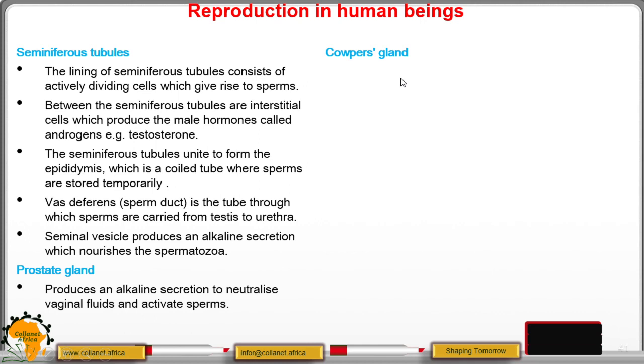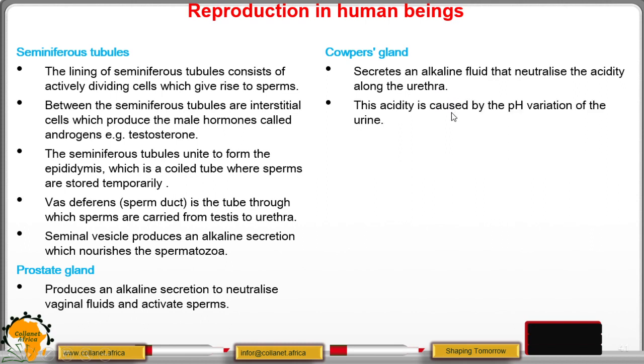Then is the Cowper's gland that secretes an alkaline fluid that neutralizes the acidity along the urethra. And this acidity along the urethra is due to pH variation of the urine.